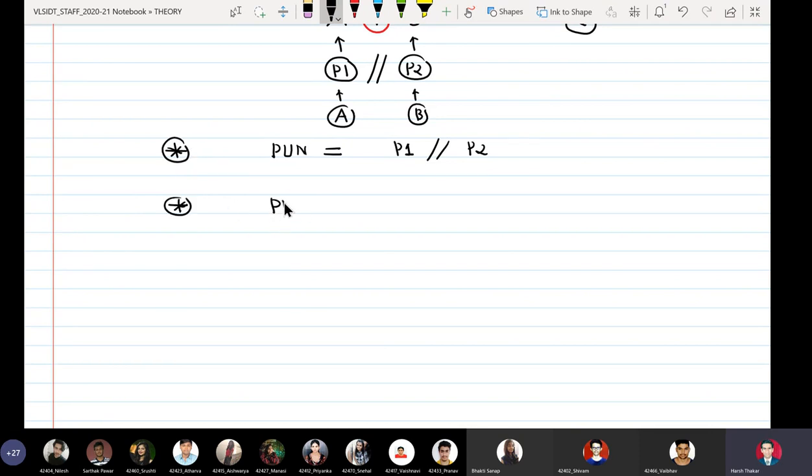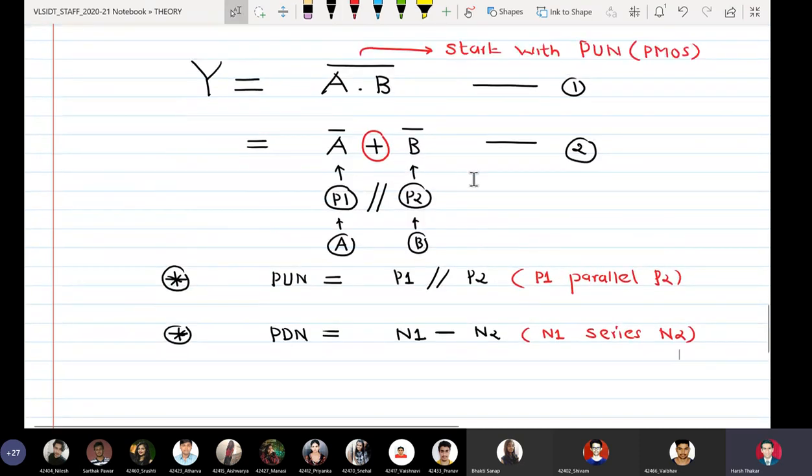The pull-down network will be, for P1 I have N1, for P2 I have N2, and a series connection between these two. So it is P1 parallel P2 and N1 series N2.